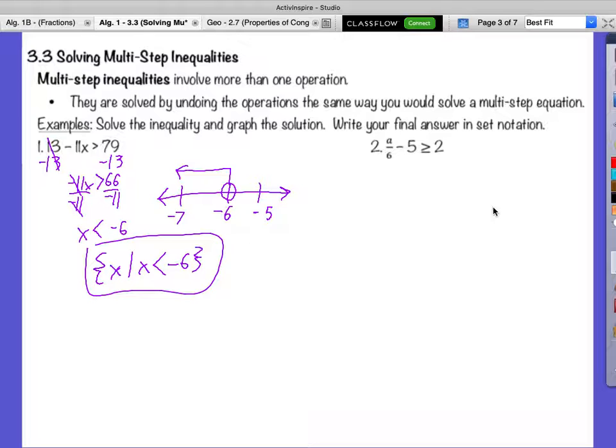a divided by 6 minus 5 is greater than or equal to 2. So, what would be our first step? Add 5. So a over 6 is greater than or equal to 7.